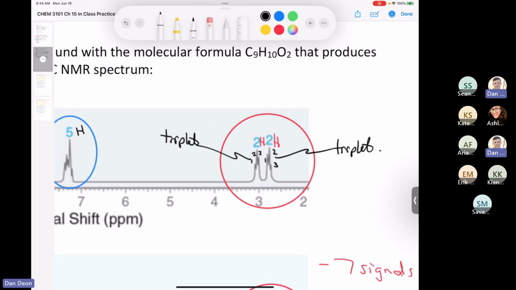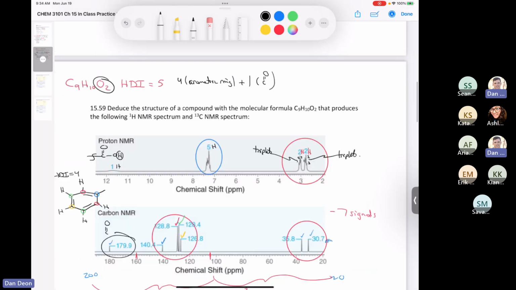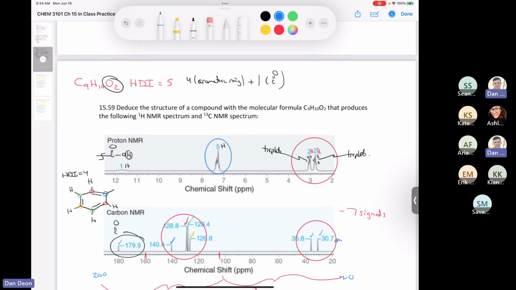Now, how can I have 2 triplets that both integrate for 2 protons? The only way that could happen is if I have a CH2 attached to another CH2, and then they're both attached to different groups that have no protons on them, right? Because this one would be split by these 2, which would give you a triplet, and then these 2 would be split by those 2, which would give you a triplet. So again, the X and the Y have to be different from each other.